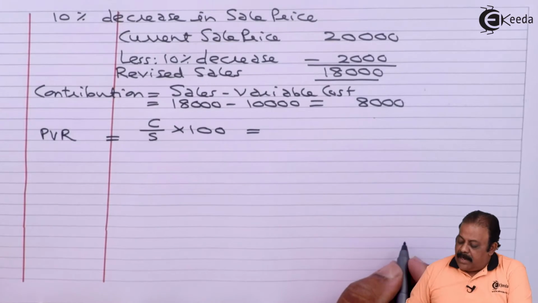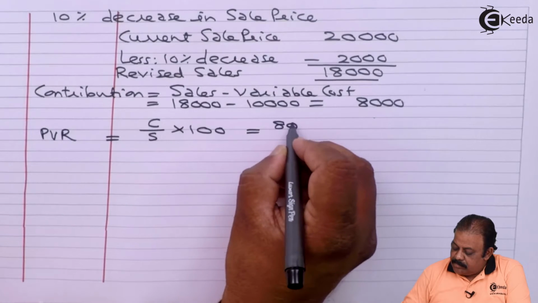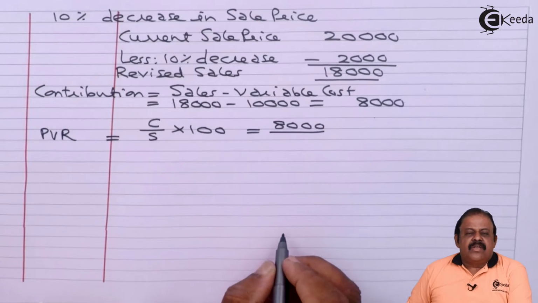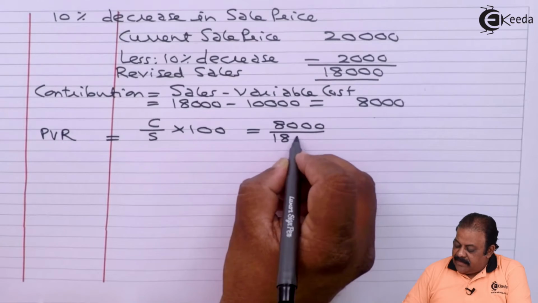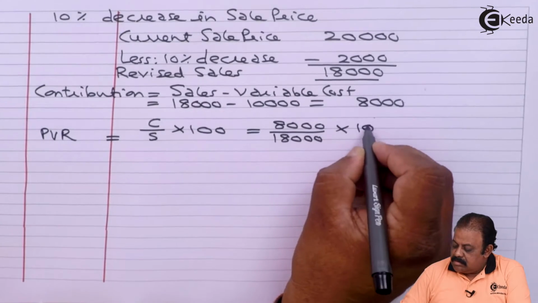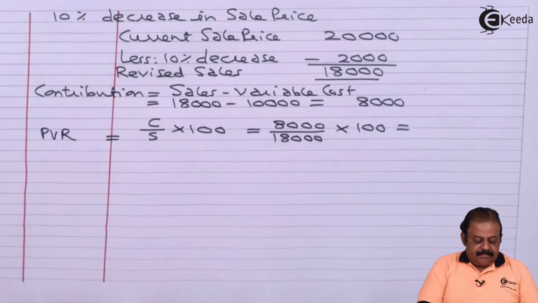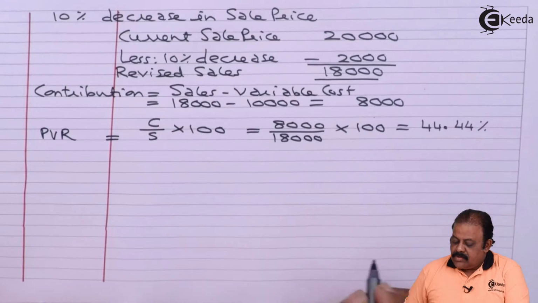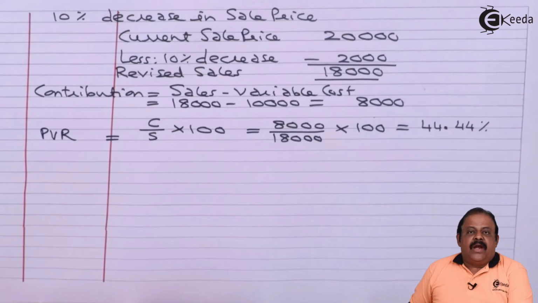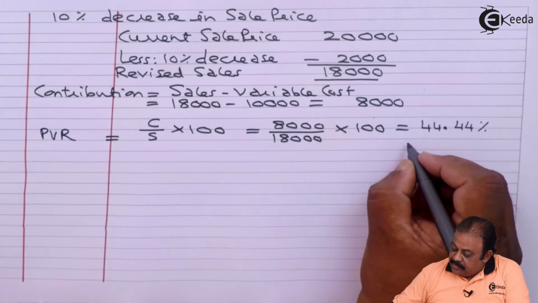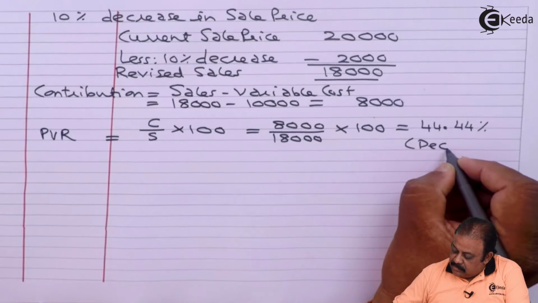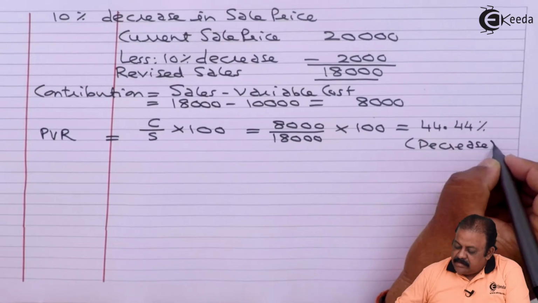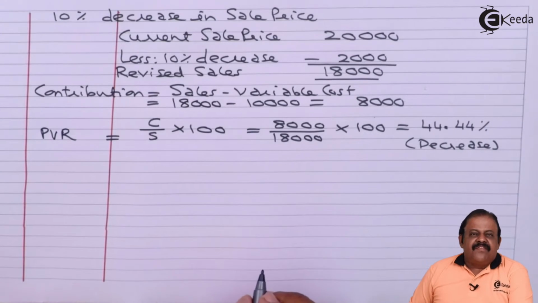Contribution upon sales multiplied by 100. Contribution 8,000 divided by 18,000 multiplied by 100. So revised PV ratio is 44.44%. Original PV ratio was 50%. That means there is decrease in PV ratio from 50% to 44.44%.